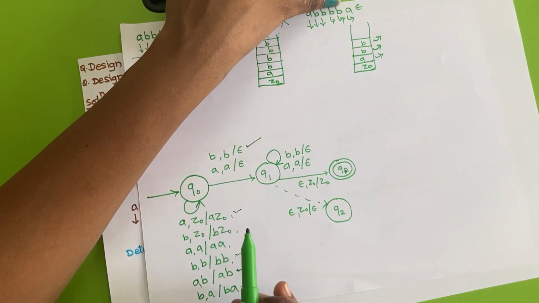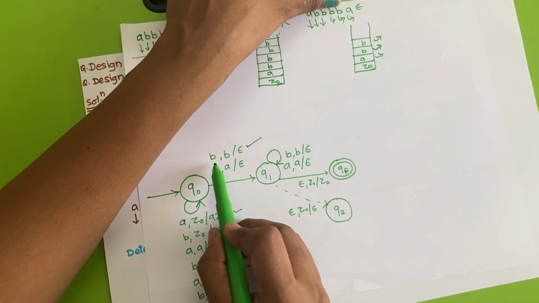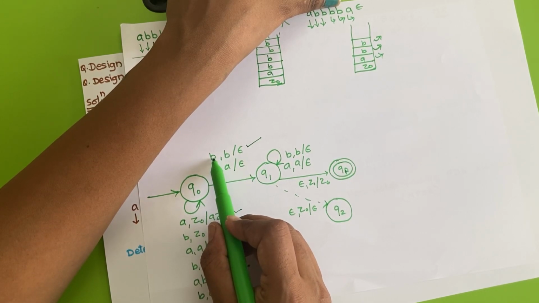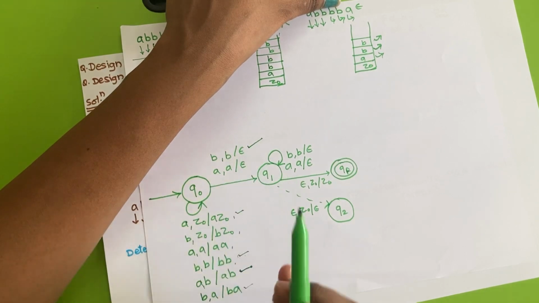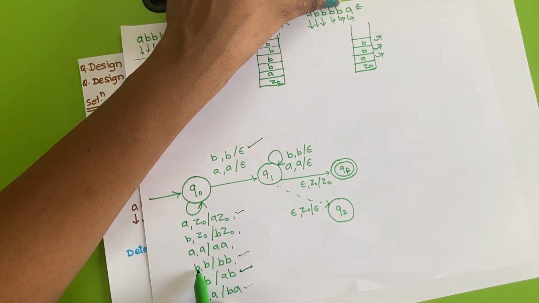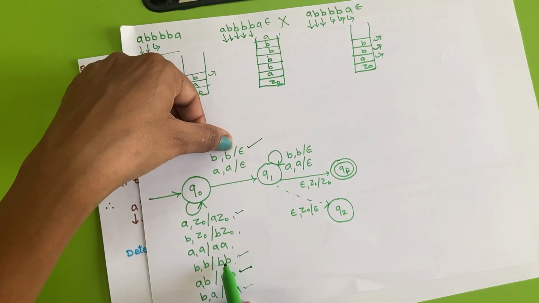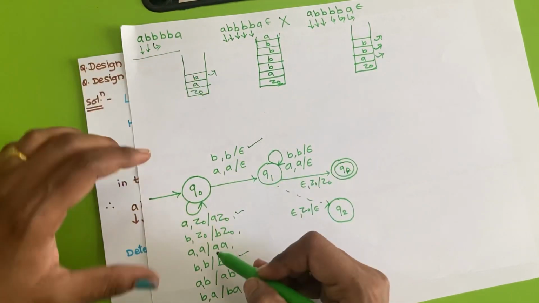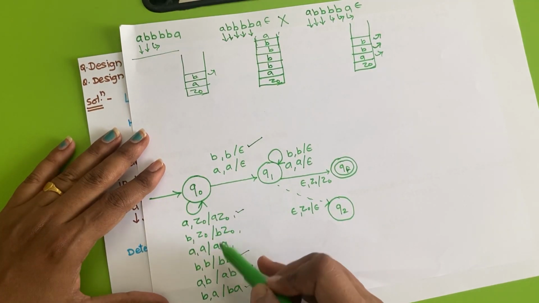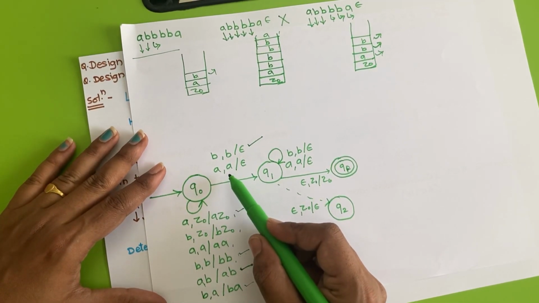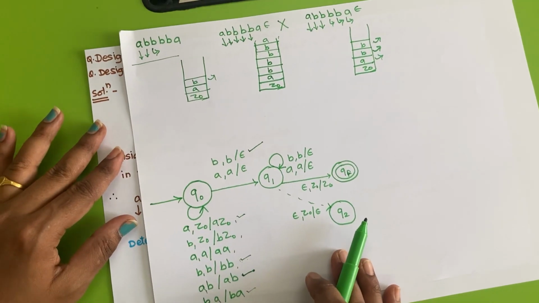Here you can observe one thing. Here we have input symbol B and top of stack is B, but here it's performing a pop operation. Same is the case here: we are reading input symbol B and top of stack is B, but here we are performing a push operation. Meaning for a single situation, we have two different operations to be performed. So this is not a fixed type of execution.